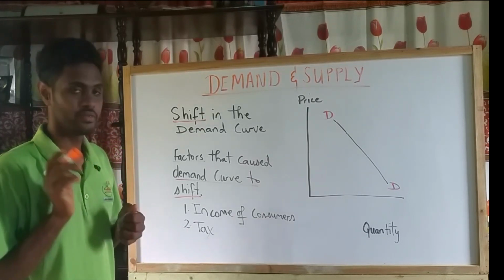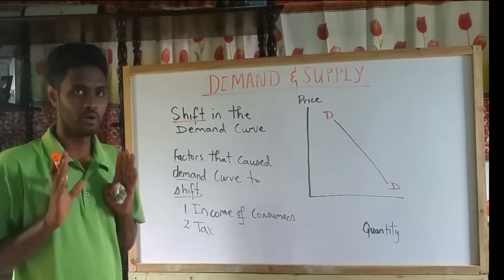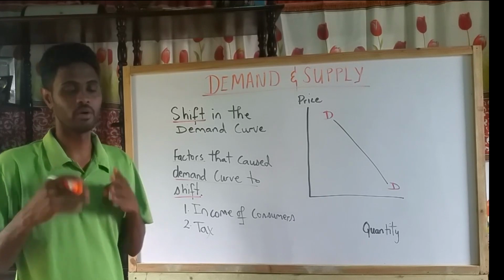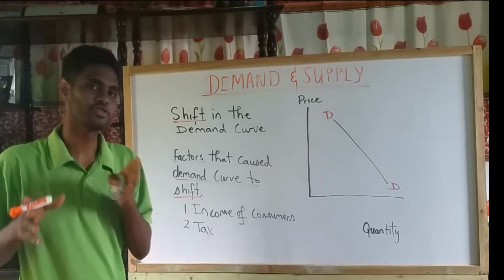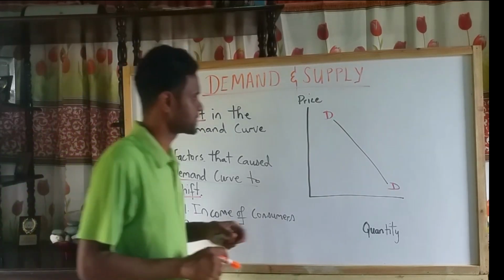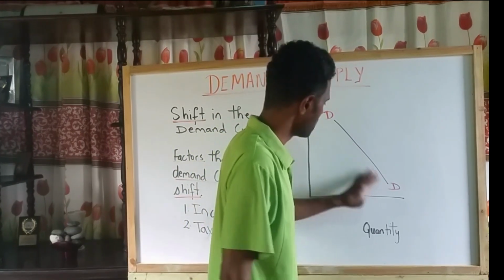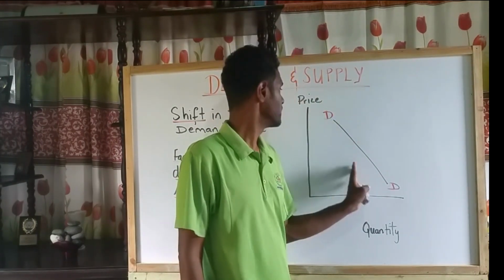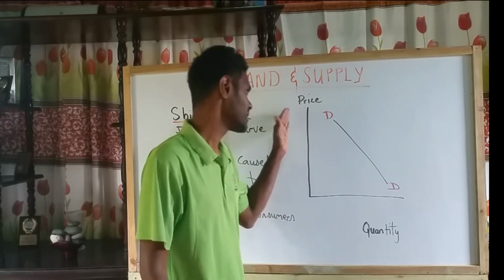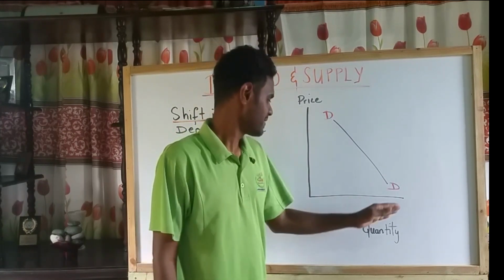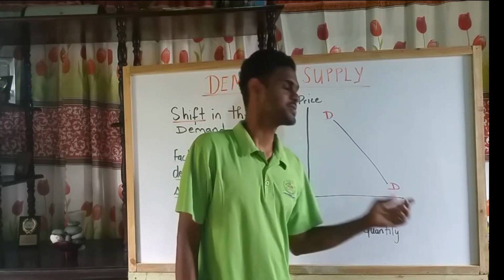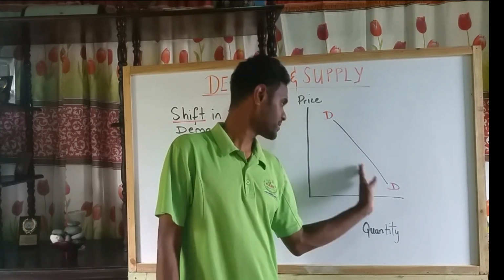So let me demonstrate to you how the demand curve shifts and how these factors can cause it to shift. Normally, say this is a demand curve. Of course, remember that price is on the y-axis and quantity is on the x-axis, and the demand curve always runs this way.